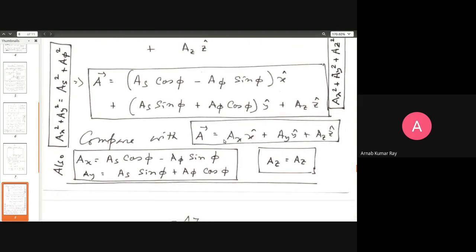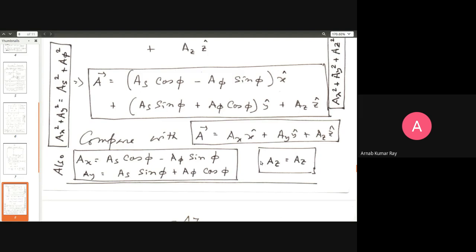You can compare this with the vector represented in terms of the Cartesian components ax, ay, az. If you do that, then this here will be equal to ax, this here will be equal to ay, and this is equal to az. So basically, you will be able to write ax is equal to as cos phi minus a phi sin phi. Ay is equal to as sin phi plus a phi cos phi. And az is equal to az.